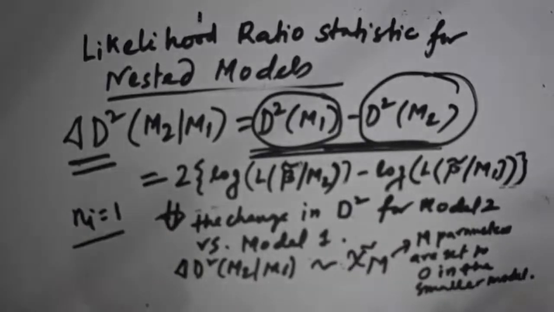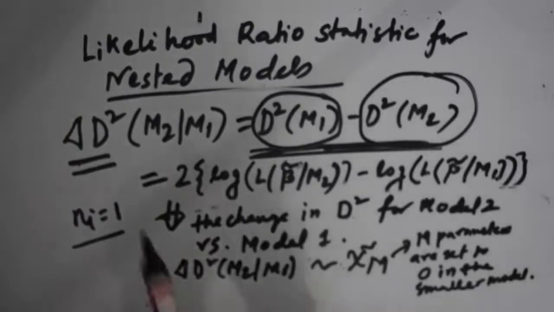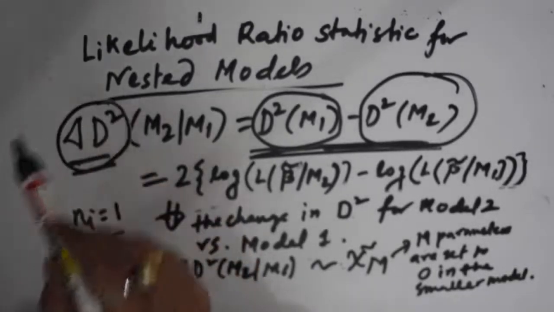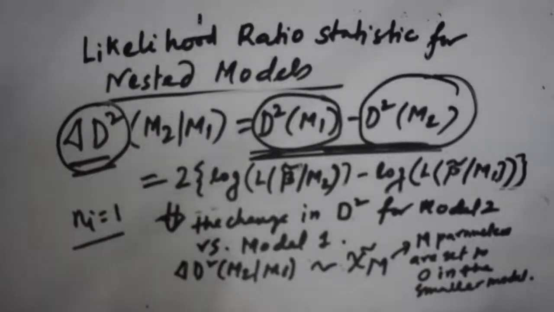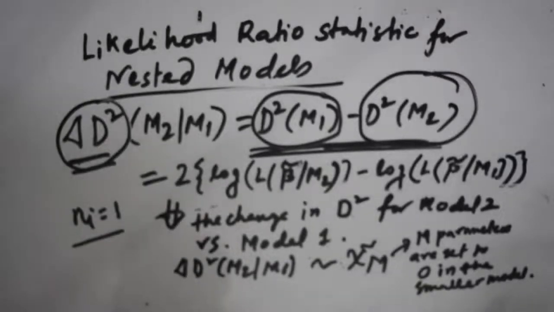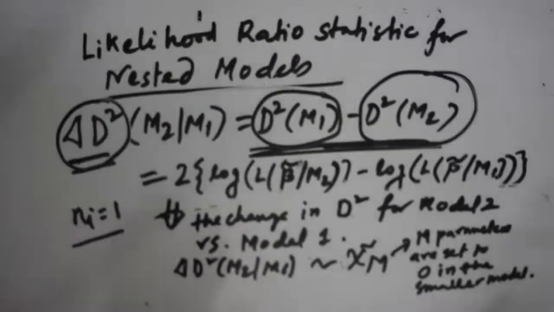So I repeat this again. Even though we need binomial data ni to be large for D squared to be approximately chi square, the same is not true for delta D squared. Next, each individual in the study could have a different xi tilde.